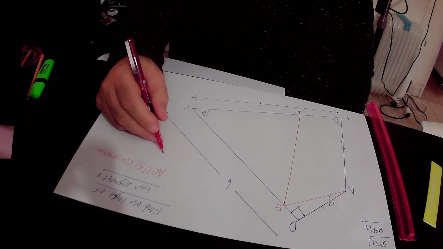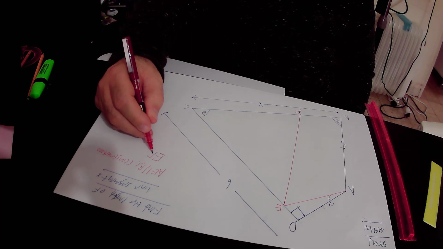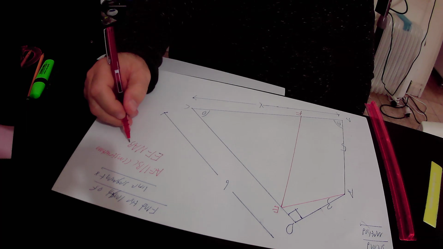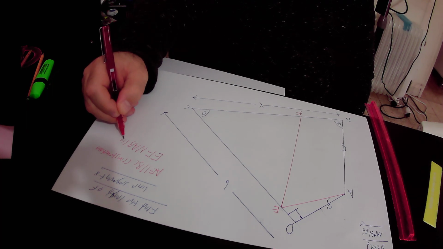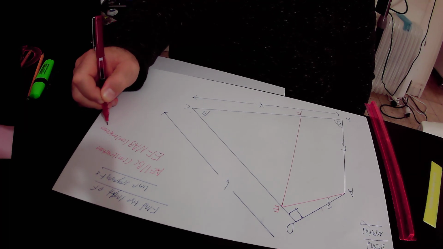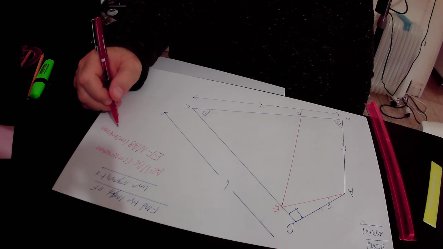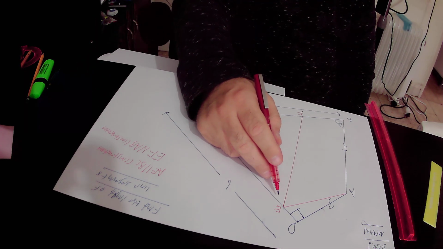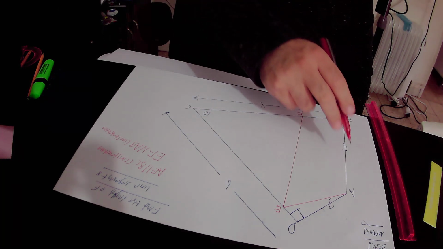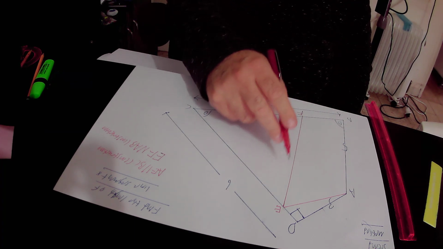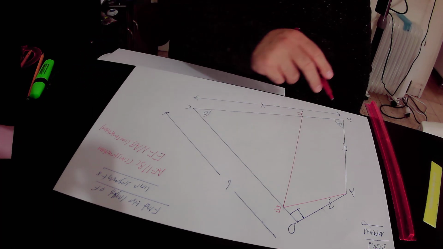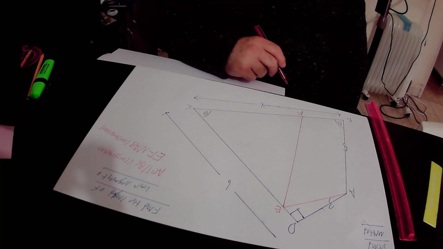So here EF is parallel to AB according to our construction, and also AE is parallel to BC according to our construction.